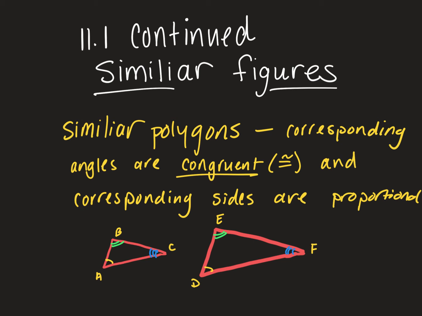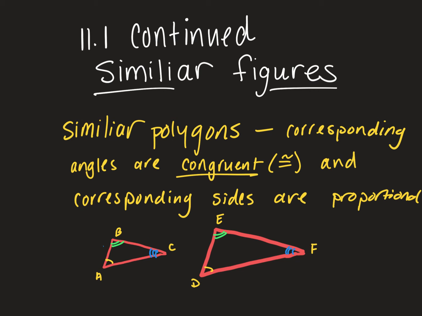So that means we can solve for a missing side. So let's say this is 8, this is 12, and this is 16. Oh, I meant to put that on the big one.